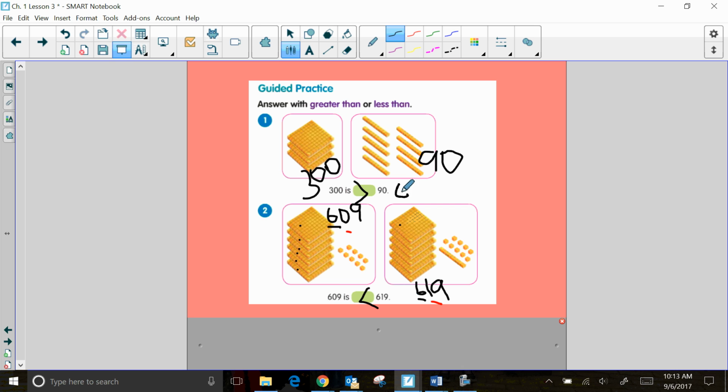So we would write this out greater. It's hard to write with this marker. And then we would write less here. That's a really bad S.